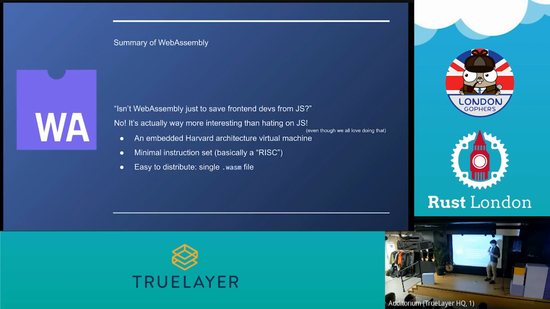If you're a bit of a computer science nerd and you like instruction set architectures and all that sort of stuff, WebAssembly is a really fascinating thing. If you've done a computer science course, you probably did a whole module on Harvard architectures and von Neumann architectures. Von Neumann, I'm not entirely sure how you say it. But all computers are von Neumann architectures, that's just the way that we build systems nowadays.